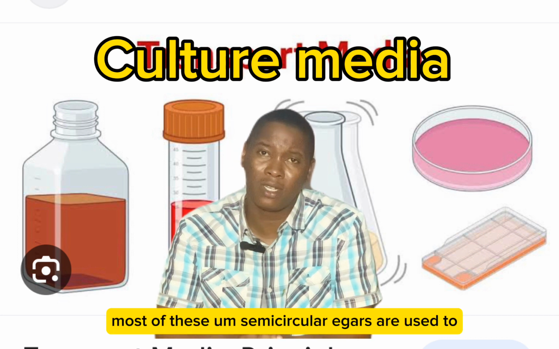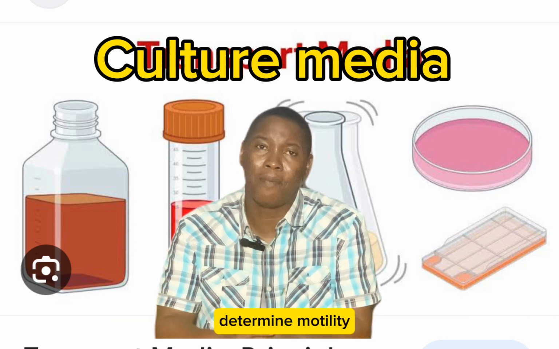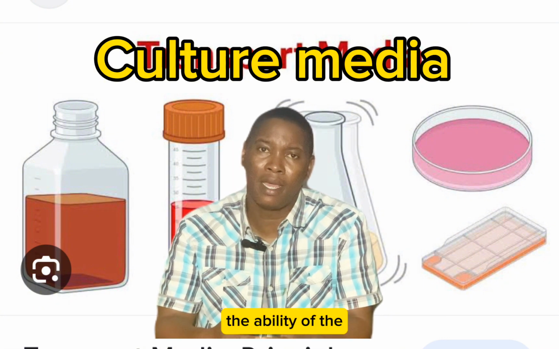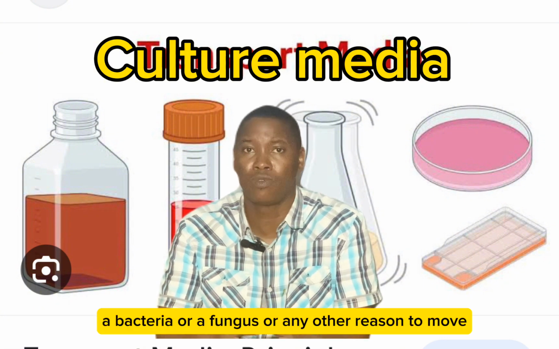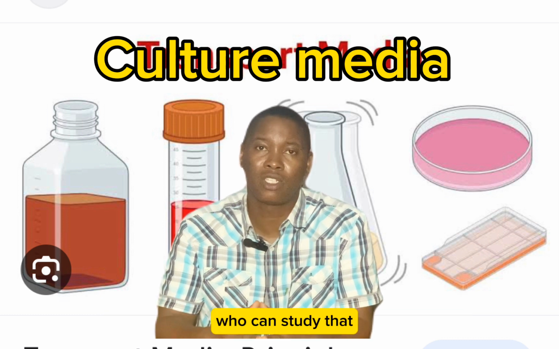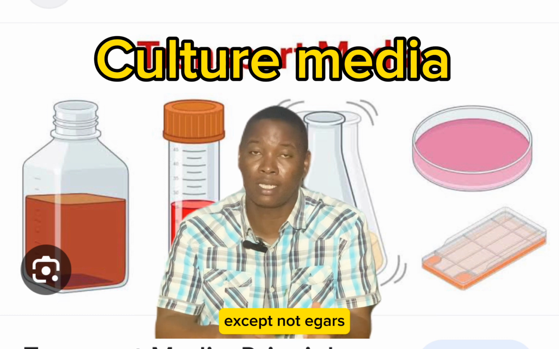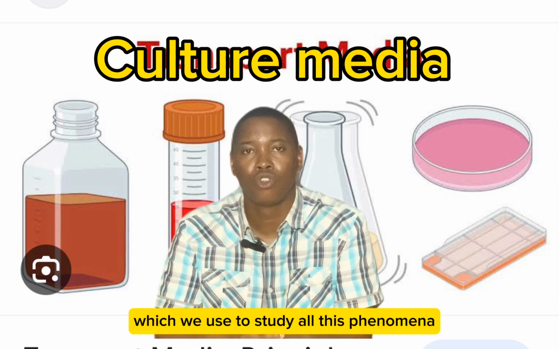Most of these semi-solid agars are used to determine motility. If we want to study the ability of a bacteria or a fungi or any organism to move, we can study that using a lot of these semi-solid media, which we use to study all these phenomena.